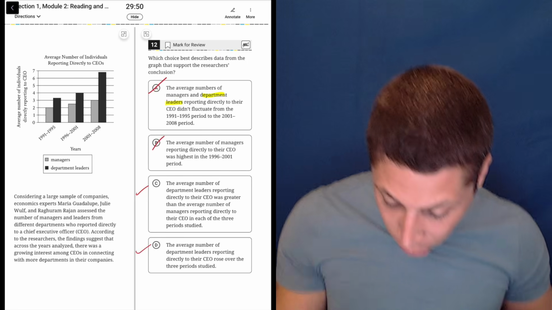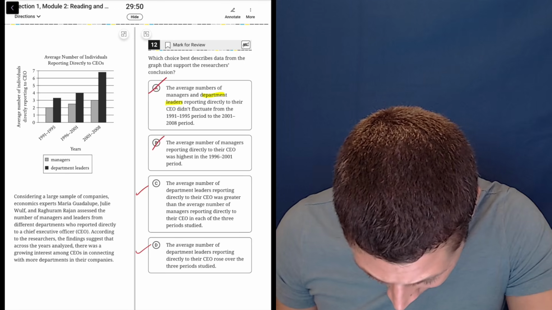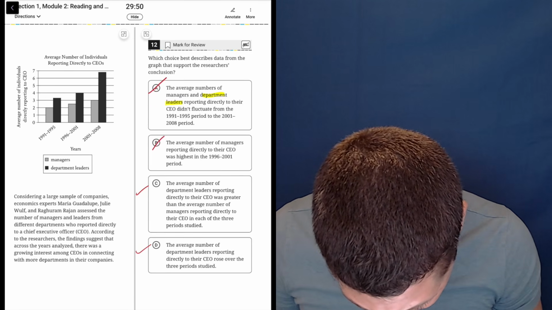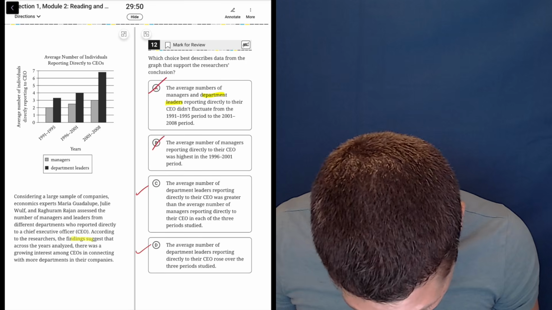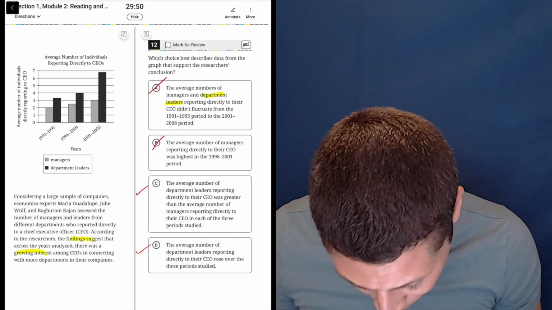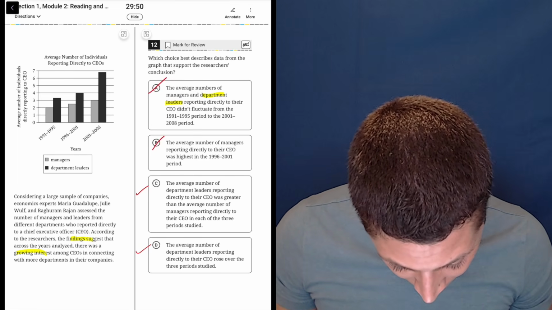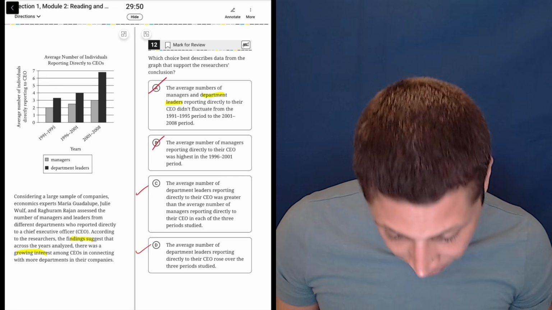So both of these are true, but what do we need to support the researchers' conclusion? According to the researchers, the findings suggest that across the years analyzed, there was a growing interest among CEOs in connecting with more departments in their companies. Yes, because it rose over time.